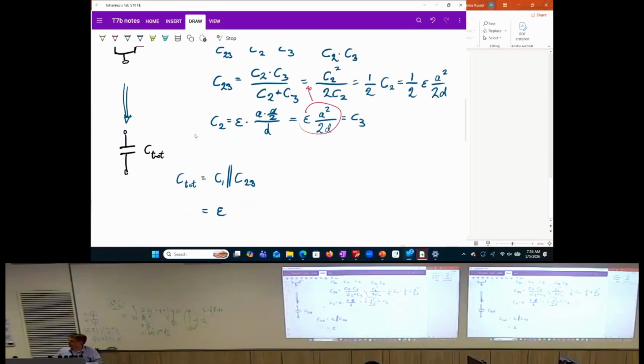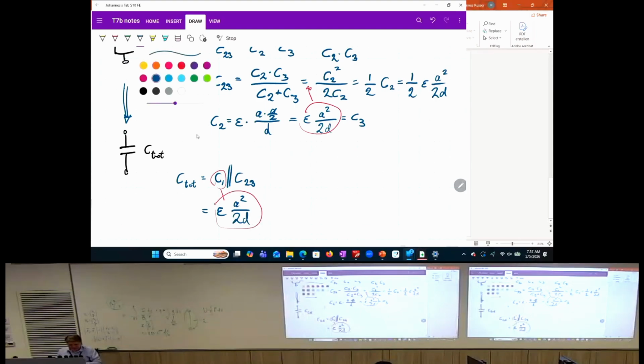So that would give us A squared over 2D. And because we are adding these two together, the other one we have computed up here is epsilon A squared over 2D. So we see actually that they are, sorry, I made a mistake here.